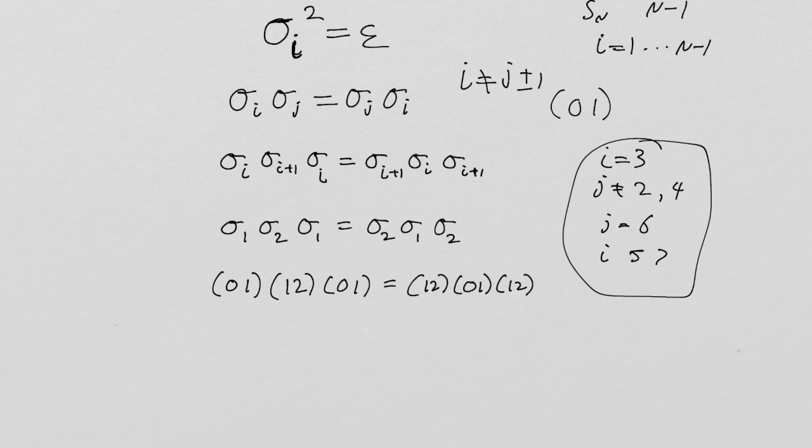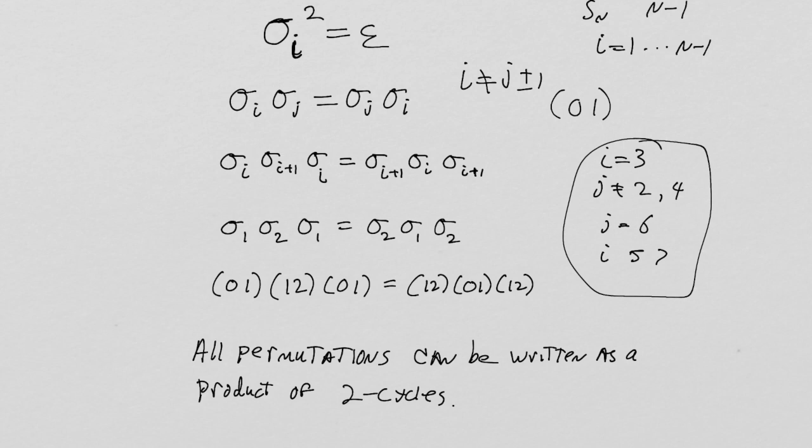And as long as this is true for all of your sigmas, the sigmas will generate the entire permutation group. It's another way of saying that all permutations can be written as a product of 2-cycles. That's what this generator relation we're putting down here is saying.